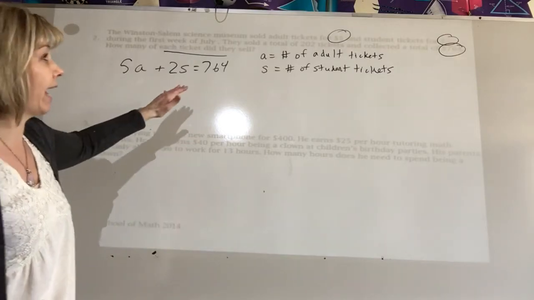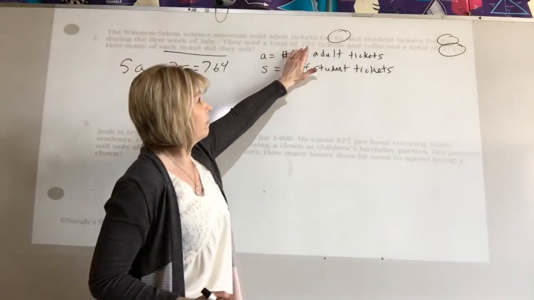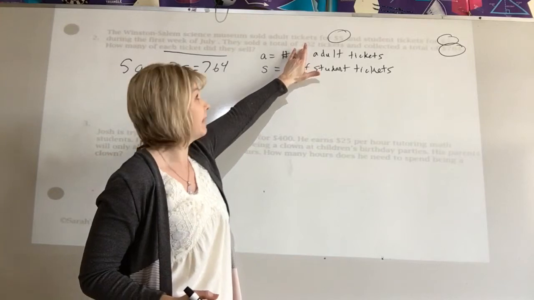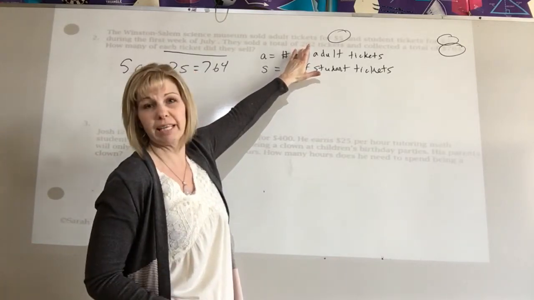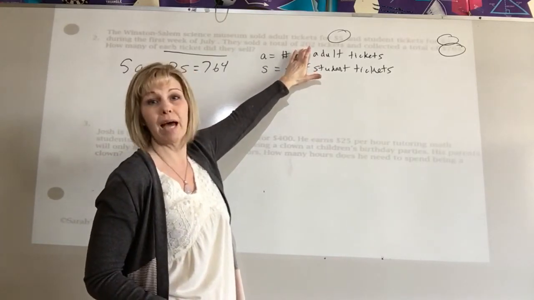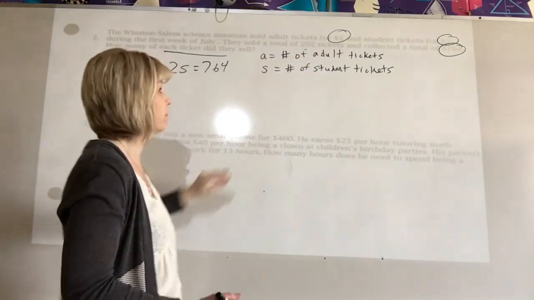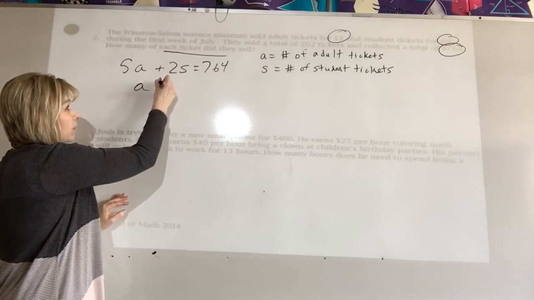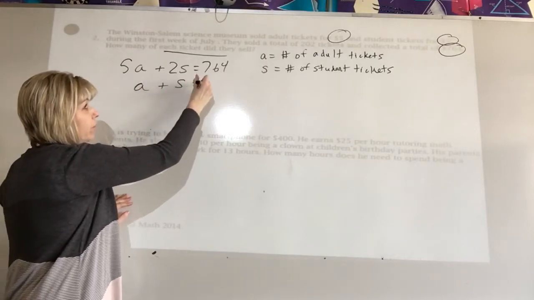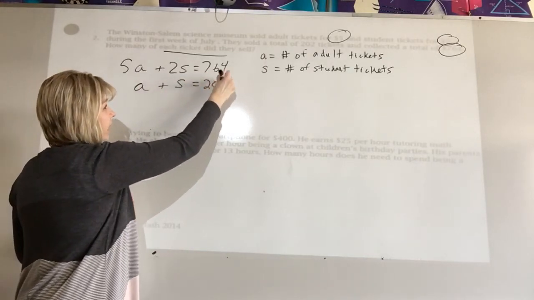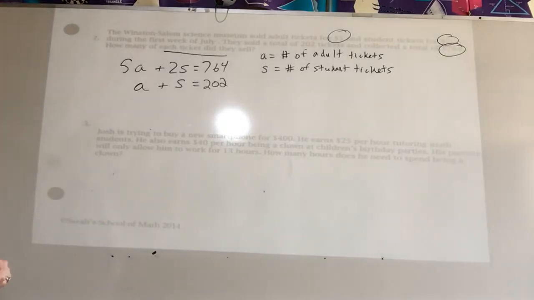Again, you're given 202 people that went, or 202 tickets collected. Well, what types of people went? We have adults and students. So you could say adults plus students equals 202.